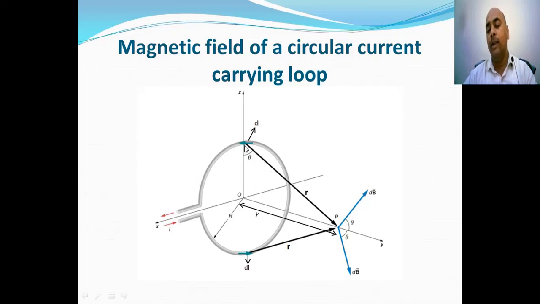From the geometry we can estimate that this is a right triangle, this angle is θ, and this angle we know is 90 degrees. So the angle between the radial vector r and the y-axis can be calculated as 180 minus 90 minus θ, and the angle between r and dB is 90 degrees.